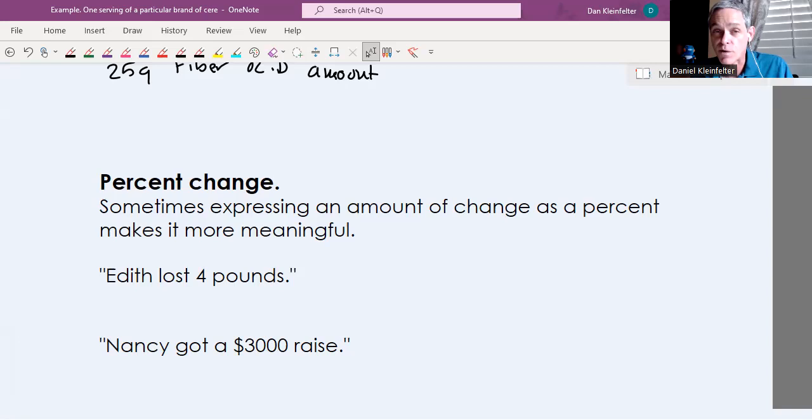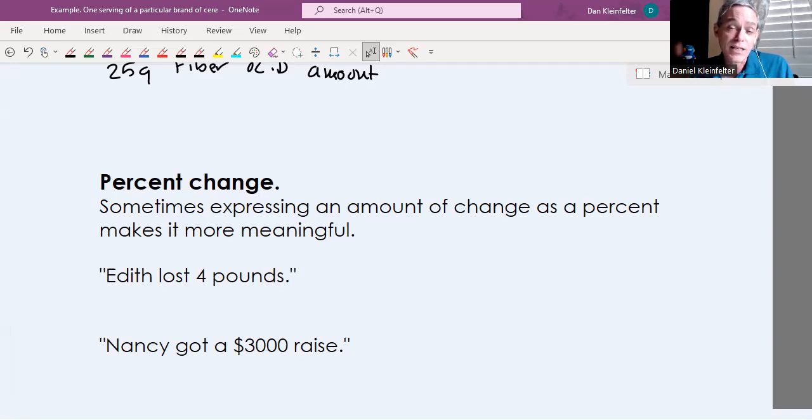than if it were a 140-pound adult. Another example, suppose that Nancy got a $3,000 raise at her job. Is that good? Anybody could use $3,000 more, of course. If she made $12,000 in the first place and now she makes $15,000, then that's a pretty significant change. She's going to notice that in her budget and in her lifestyle.